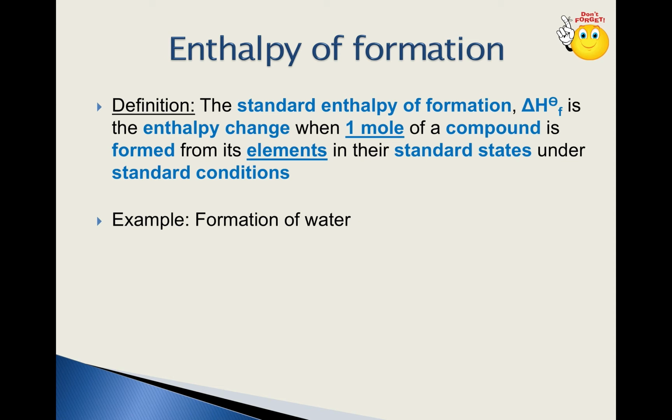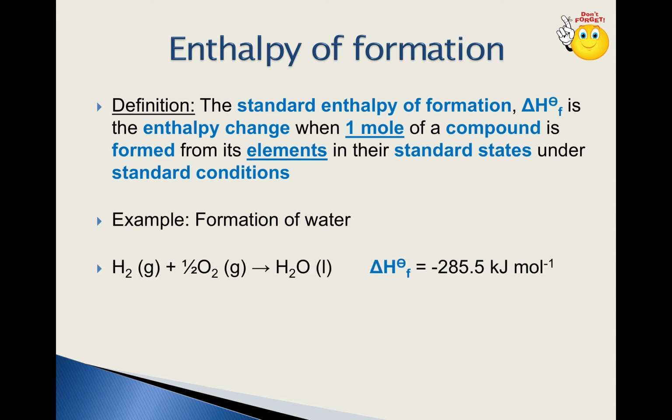So they end up writing 2H2 plus O2 gives you 2H2O. Now, even if we put state symbols in, the answer is still wrong. The reason it's wrong is because by putting a 2 in front of water, you've automatically lost your mark. The definition says you're only forming 1 mole of a compound, and therefore you must reflect this in your equation.